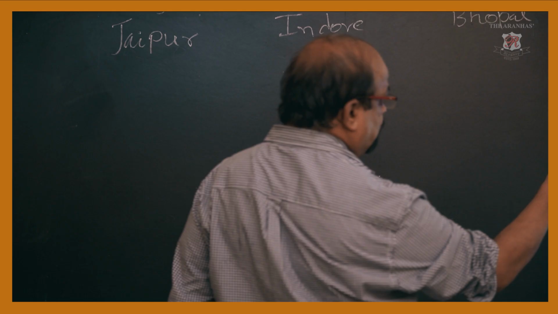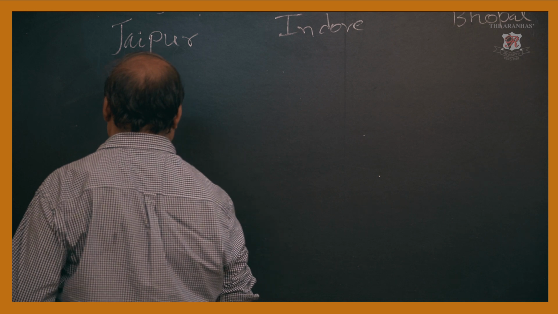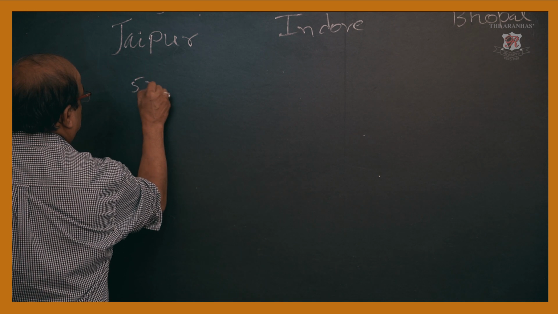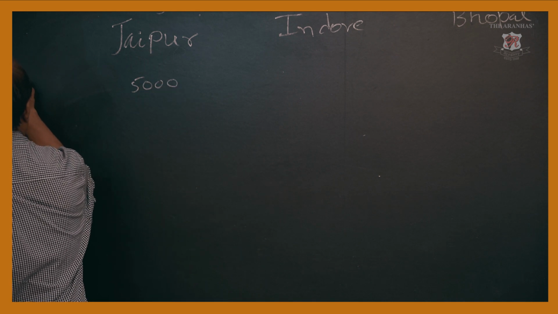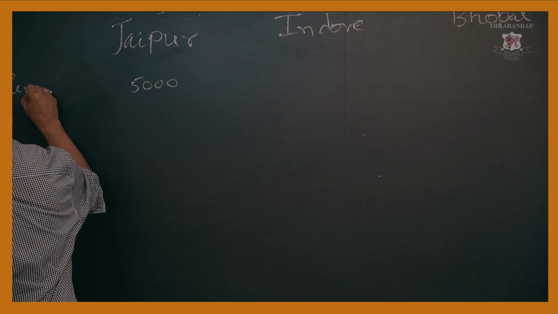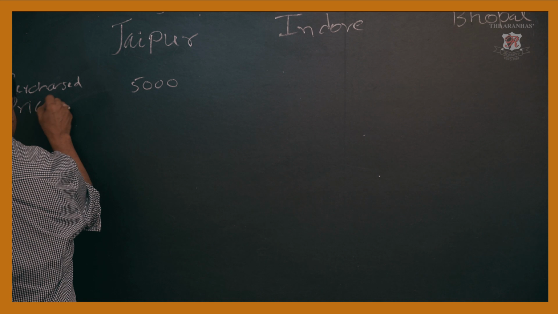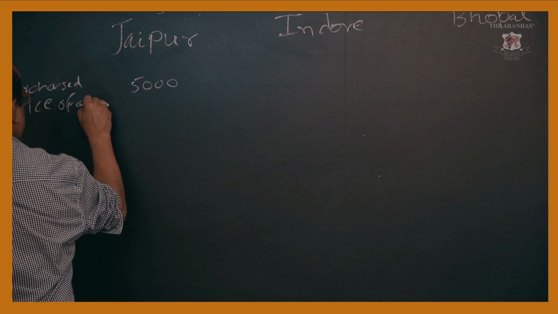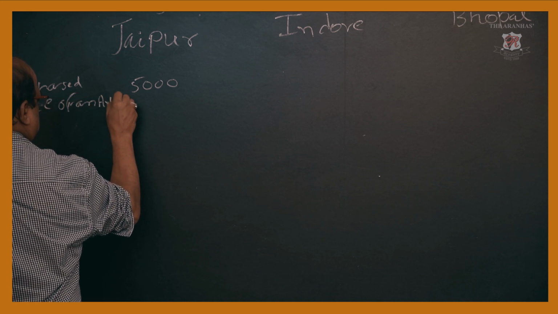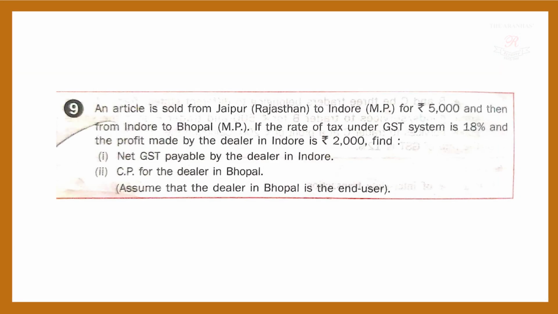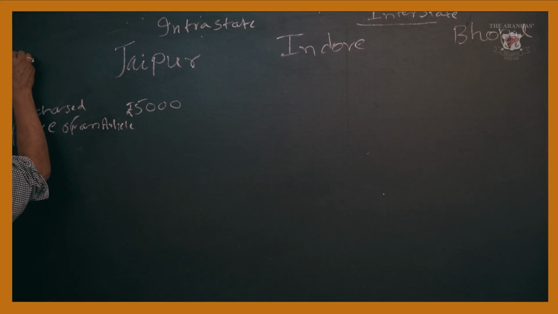Now the article is purchased for rupees 5,000 at Jaipur. So we have to calculate, the rate of GST is 12%. Sorry, the rate of GST is 18%.